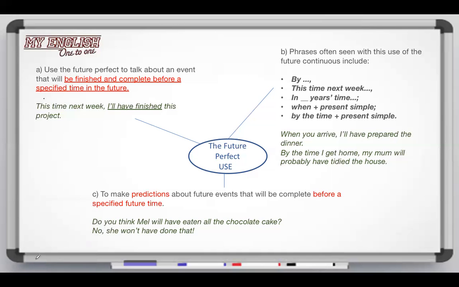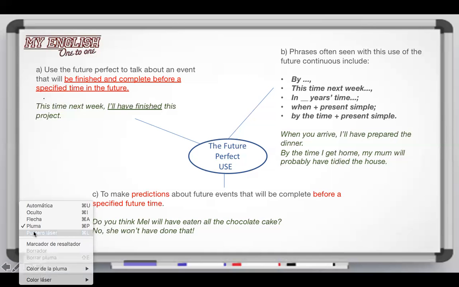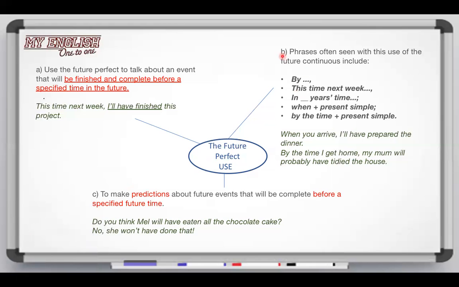Let's check the next case in which you should use the future perfect. Phrases often seen with this use of the future continuous include by, this time next week, in a given number of years' time, when plus present simple, or by the time plus present simple.